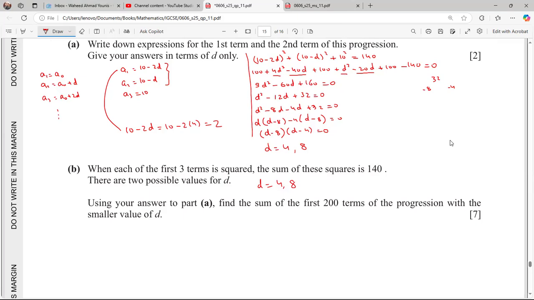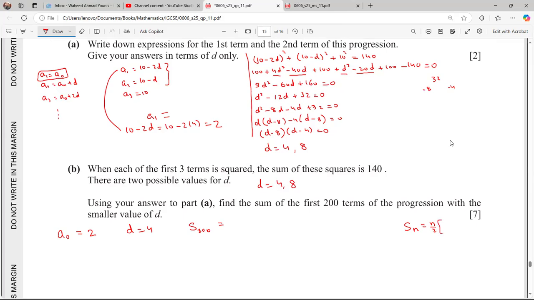Remember, this was the first term, and the first term is equal to A0. So now I know that my A0, the first term, is 2 and d is 4, and I need to find the sum of 100 terms. Sorry, 200 terms.